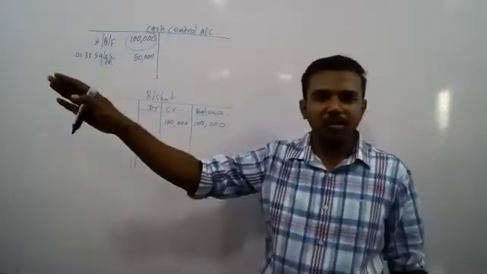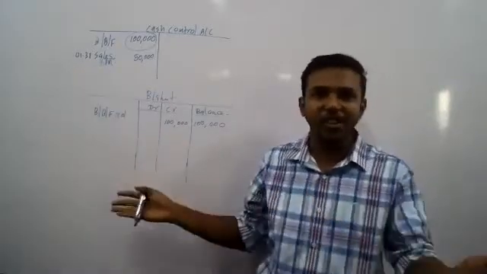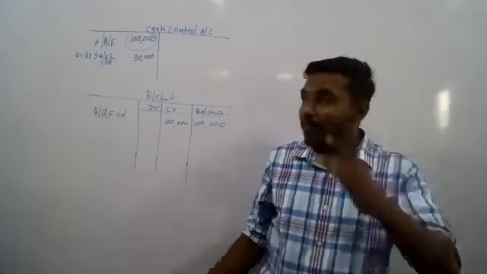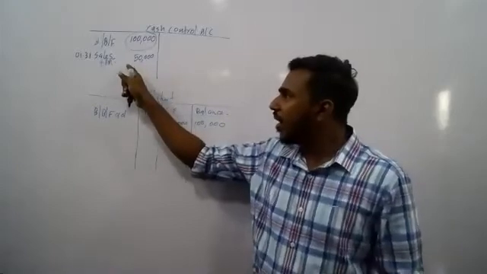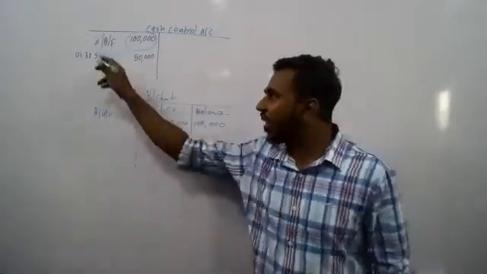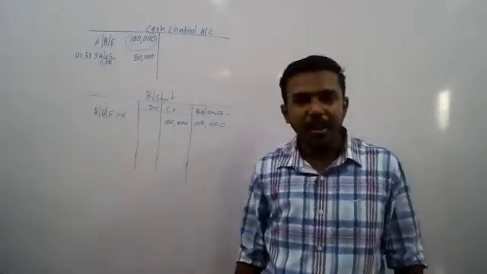Even if someone came around 10 o'clock at midnight, you would go and collect the check. But the bank is closed at 3 o'clock. So you can't go and deposit this 50,000 check on 31st.